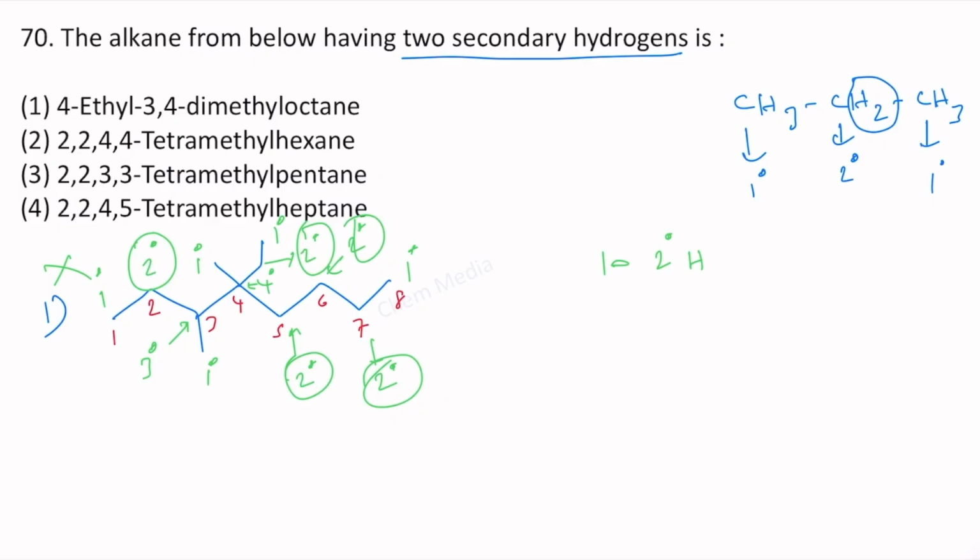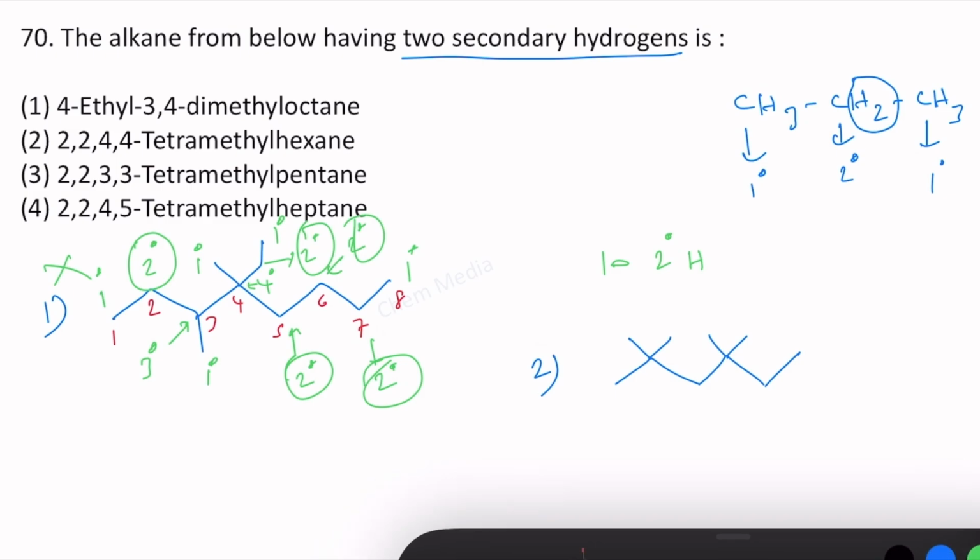Now, number 2, we have 2244 tetramethyl hexane. So, let us write the hexane first 1, 2, 3, 4, 5, 6. At 2 position 2 methyl groups, 4 position 2 methyl groups.